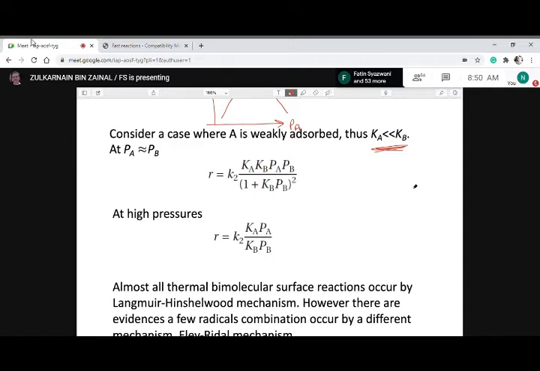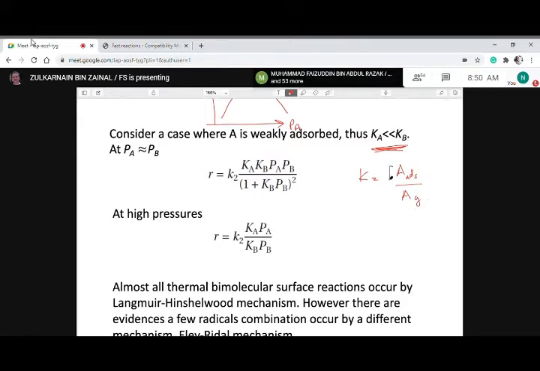Because K is the equilibrium constant for adsorption, it can be related to the amount of A adsorbed on the surface and the amount of A in the gas phase, right?